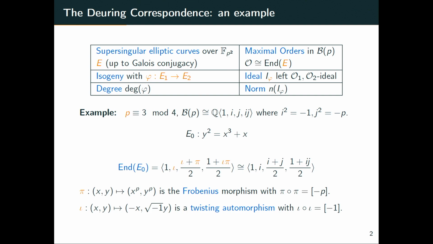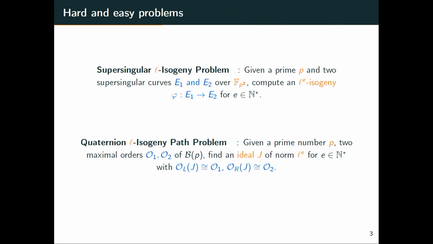I can identify iota and pi to the square root of -p and the square root of -1. This is how I get a really explicit isomorphism between the endomorphism ring and a maximal order inside my quaternion algebra, which is simply a lattice of rank 4.